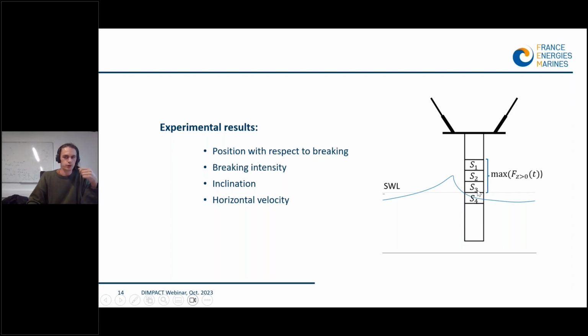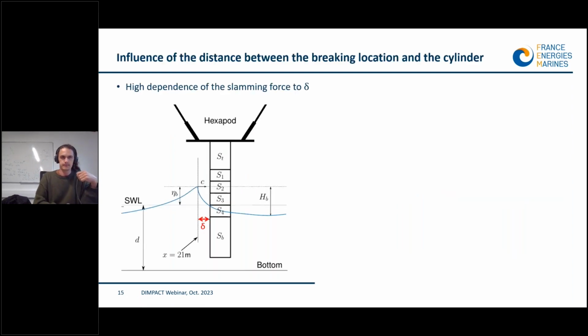This corresponds to the 3 sections which are above the still water level, and I will often study the maximum of this load on the 3 upper sections. I'll present results on the position of breaking with respect to the cylinder, on the breaking intensity, on the inclination of the cylinder, and on the horizontal velocity.